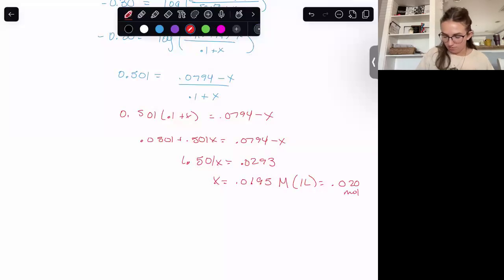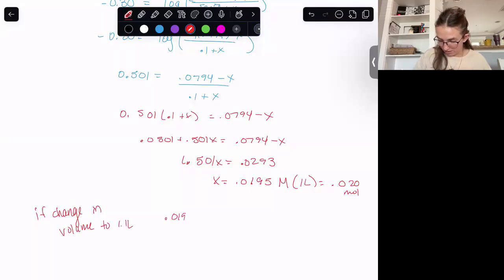However, if we had a change in volume, let's say to 1.1 liters, then it would be 0.0195 molar times 1.1 liters.